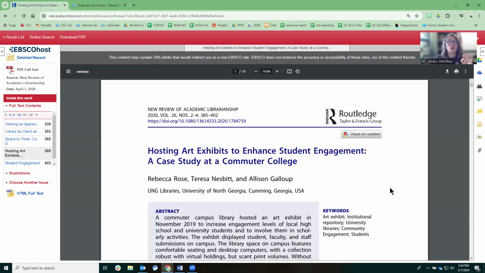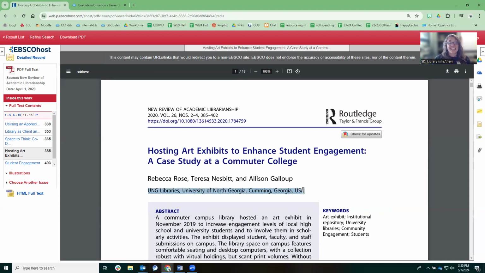Okay, authority. Who wrote it? Where is it published? I can see it was written by these three people. Just based on their names, I can't tell anything. Some things you might look for are their name with their education. Someone might put a master's degree or a PhD after their name, or maybe they're a doctor, or maybe they have a certification in a certain trade that you're looking for.